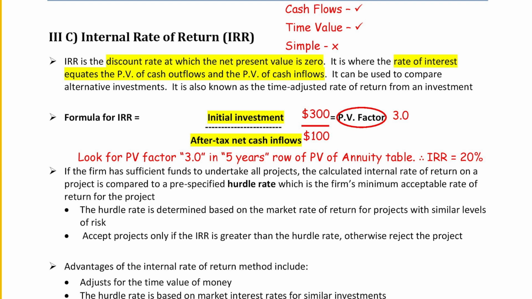We're going to compare IRR with the hurdle rate and accept projects only if the IRR is greater than the hurdle rate, otherwise reject the project.